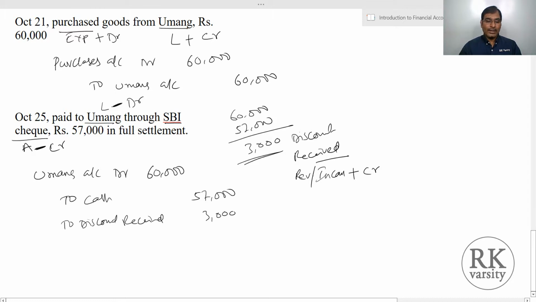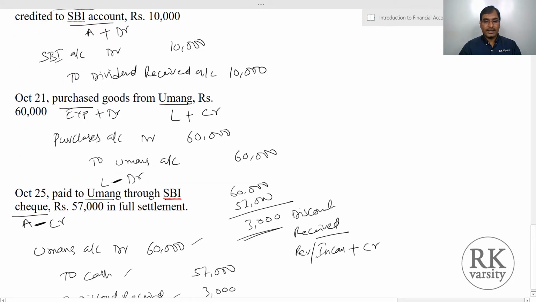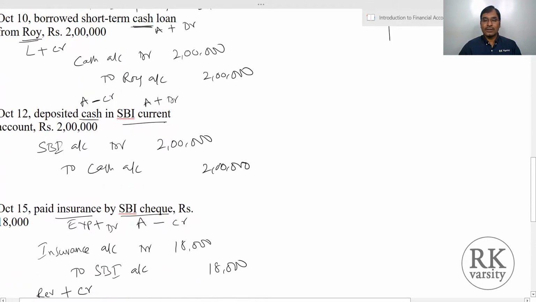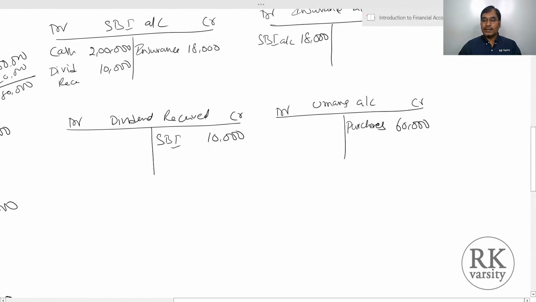Now we have the Umang account already there, cash account is also there, and discount received account is also there. So we simply post these transactions in those different accounts. So we'll see here Umang account. Now it's a liability, a decrease in a liability. So we write this on the debit side, cash 57,000, and he gave us a discount of 3,000.